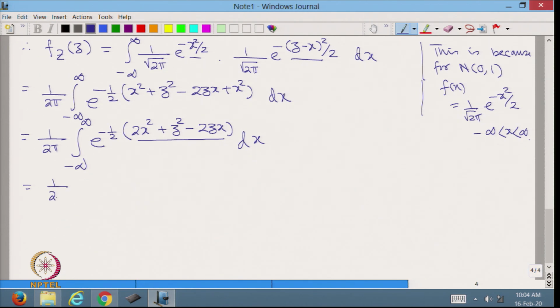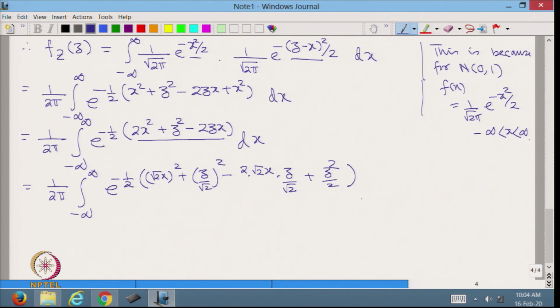Therefore, we write it as follows: 1 over 2 pi, the integral from minus infinity to infinity of e to the power minus half into root 2 x whole square plus z by root 2 whole square minus 2 into root 2 x into z by root 2 plus z square by 2, dx. I hope you understand the arithmetic.